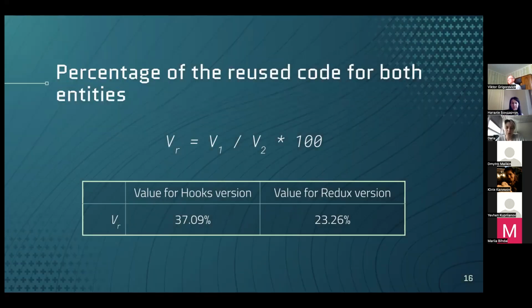The following formula is used for calculation of the reused code percentage. V1 is the size of code that is used by both entities, and V2 is the total size of code for both entities in kilobytes. As we can see, in the Hooks version the reused code value is higher.